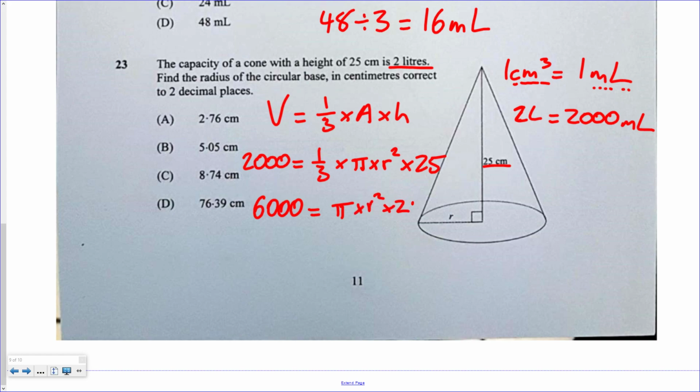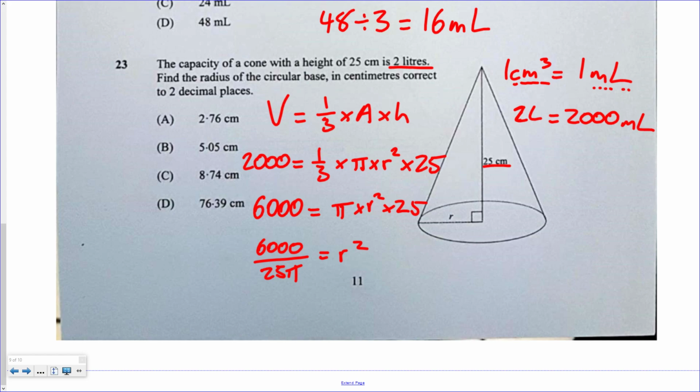times 25. After that, I could divide both sides by 25, so 6,000 divided by 25. And I could also divide by pi at the same time. So we have 6,000 divided by 25 pi, which equals r squared. We're close, but I don't care what r squared is, I want what r is.